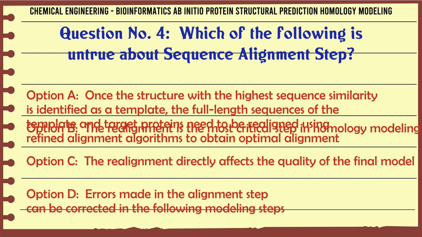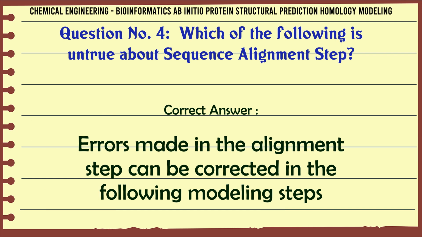B. The realignment is the most critical step in homology modeling. C. The realignment directly affects the quality of the final model. D. Errors made in the alignment step can be corrected in the following modeling steps. The correct answer is errors made in the alignment step can be corrected in the following modeling steps.